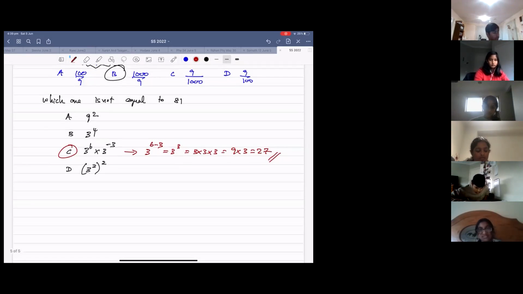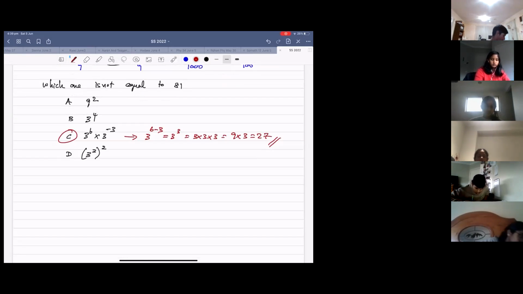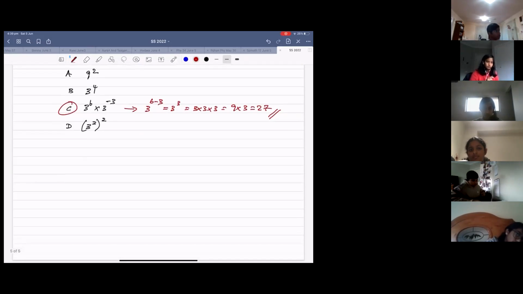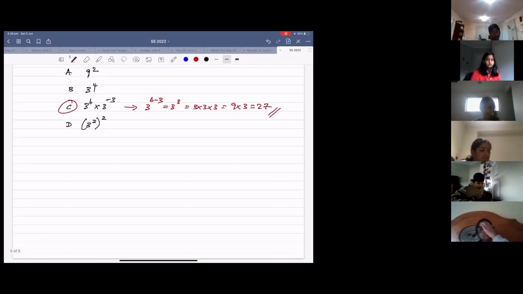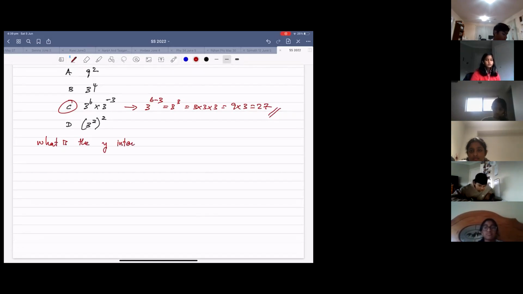Okay. Again, this is a question in the test. This is another test question. What is the y-intercept of the graph y is equal to 7x plus 11?